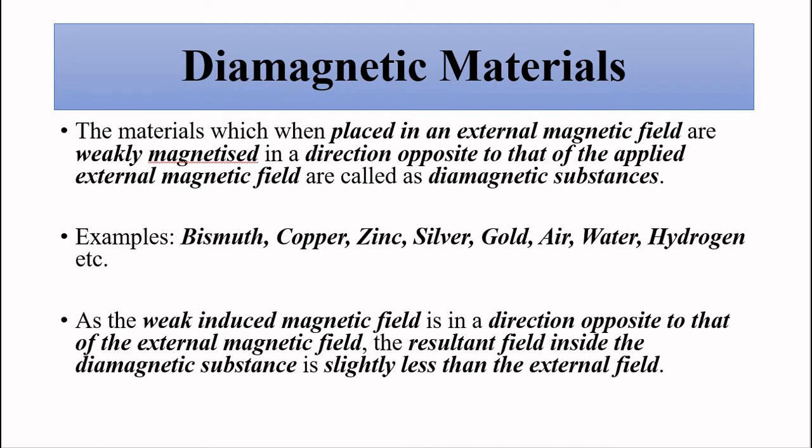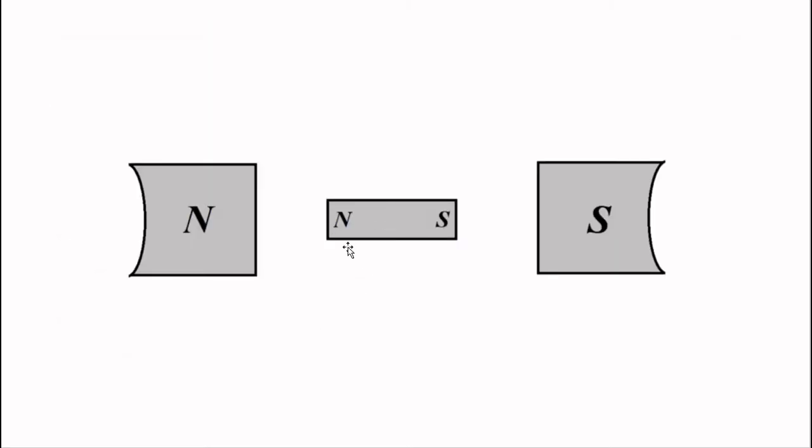So it means that when this diamagnetic material is placed in the external magnetic field produced by this permanent magnet, this extreme end, which is facing the north pole of the permanent magnet, acquires a north pole, and the other extreme end facing the south pole of the permanent magnet acquires a south pole.